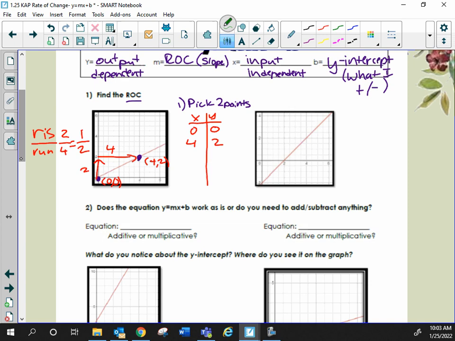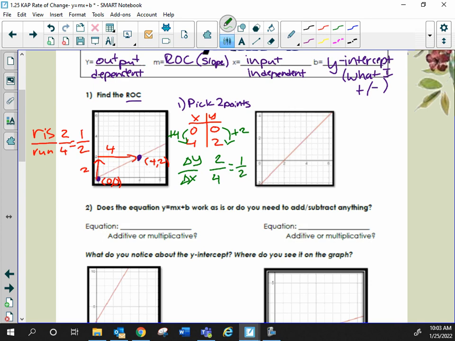To find that change in y, what's changing in my y? Plus 2. What's changing in my x? Plus 4. Again, to find the rate of change, change in y over my change in x. We said it was a change of 2 over a change of 4, which is the same thing as 1/2. Do those both agree with each other?